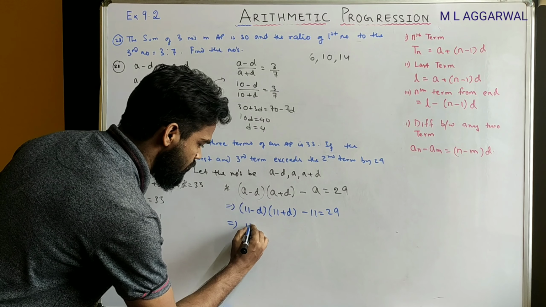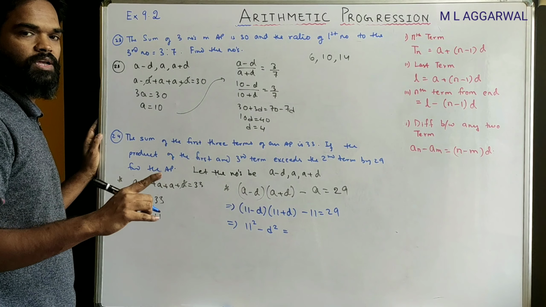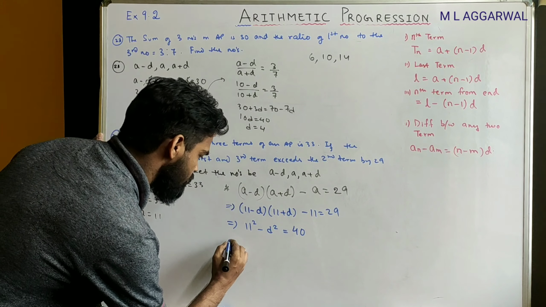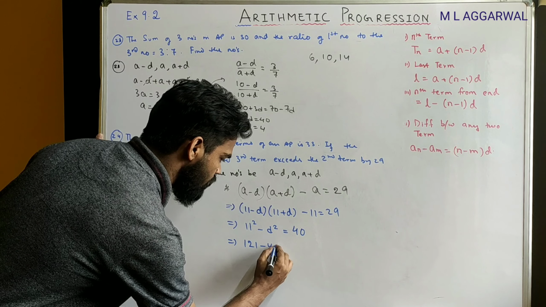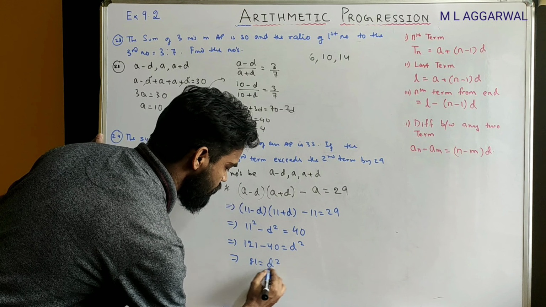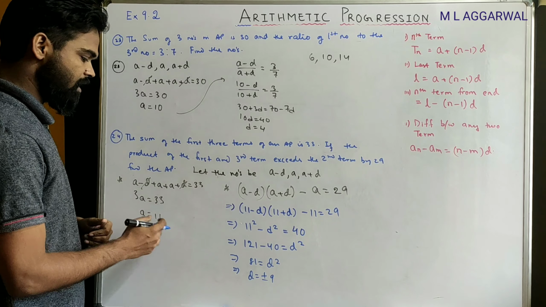So that's 11 square minus d square equals 29 plus 11. 29 plus 11 is 40. Am I clear? Which means 121 minus 40 equals d square, which means 81 equals d square, which means d equals plus minus 9. So we got d as plus minus 9 and a as 11.